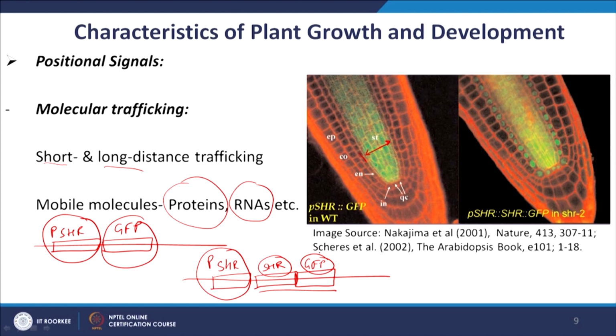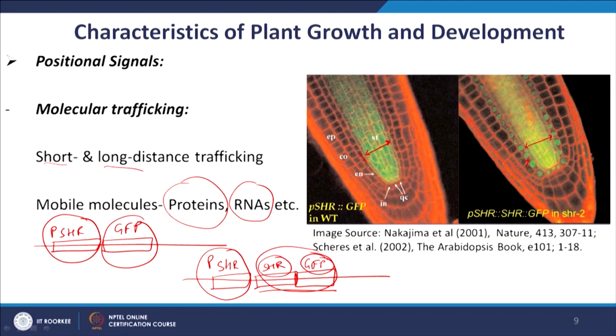But when you track the short root protein, the proteins are present in the vascular tissue, but they are also present in the endodermis. This is very important. From where is this protein coming? Another interesting thing you can see here is that in the endodermis the protein is localized to the nucleus.